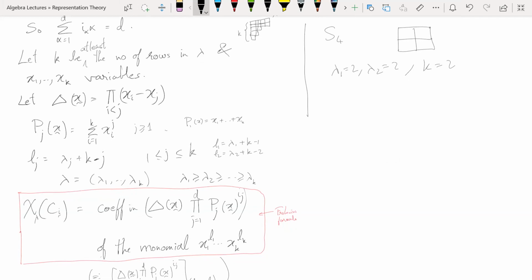What are the conjugacy classes in S4? One is the identity, and transposition. Maybe I'll write it in this notation. So the identity corresponds to taking four 1-cycles, and zeros.